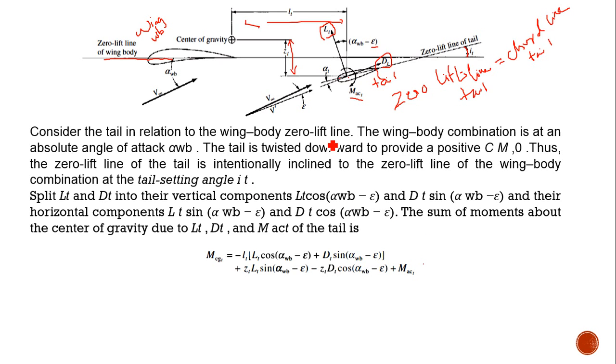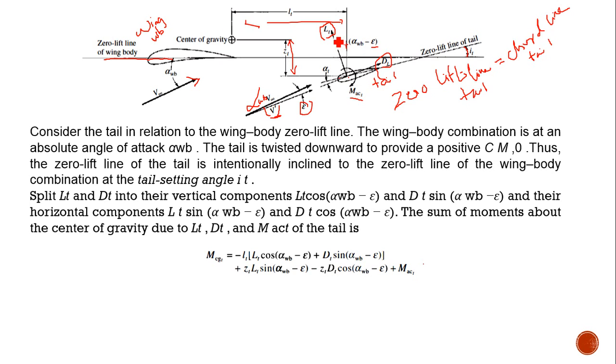So here we can see the tail is deflected somewhat downwards. So the angle is alpha WB. The relative wind is deflected at an angle alpha WB, but here we can see the relative wind V dash is deflected by an angle of epsilon, that is a downward angle.